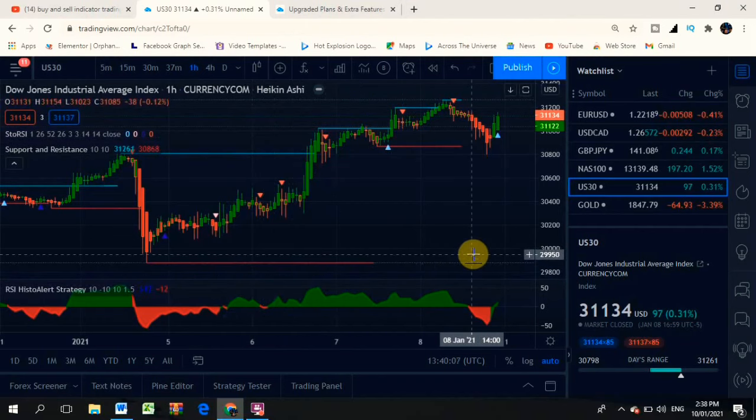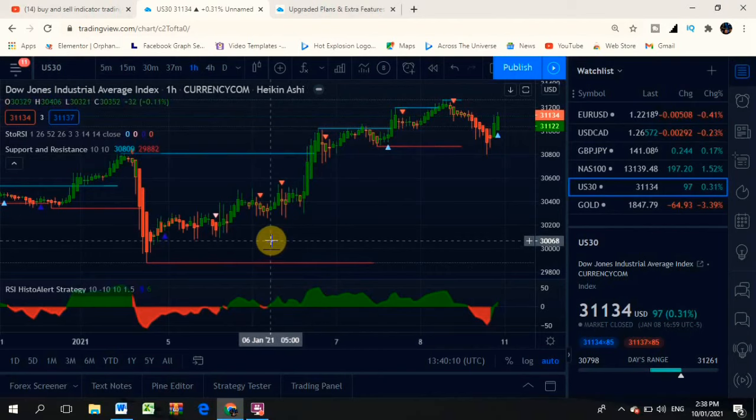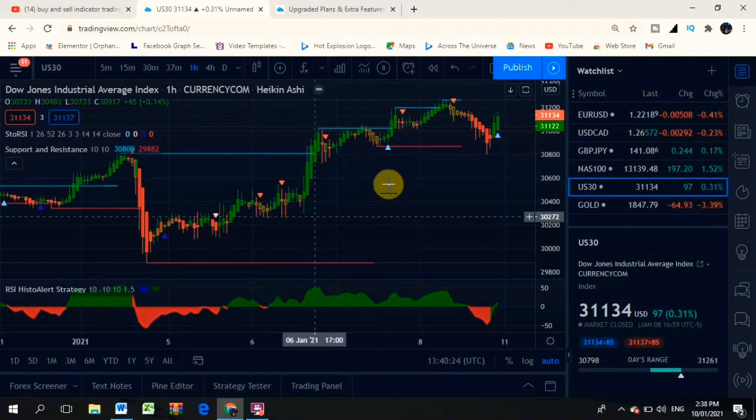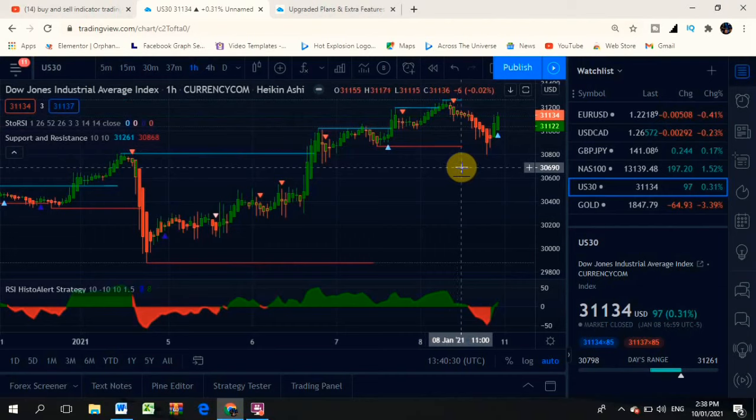So when you check your 1 hour and compare it to your 15 minutes, you will see the clear definition of the signal that you will be taking in 15 minutes, because as you can see here, your overall trend is uptrend, and then when it gets here, you can see the market is now going down a little bit.